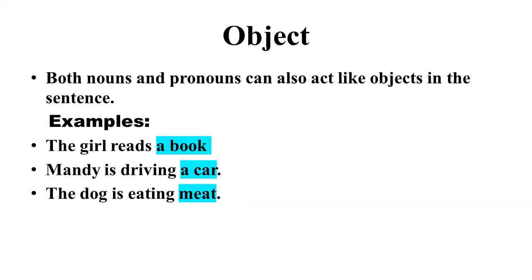The dog is eating meat. Who is eating meat? The dog. Remember, the answer to who is the subject and the answer to what is the object. What is the dog eating? Meat. Meat is the object.